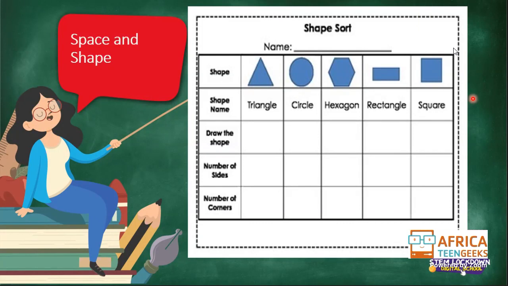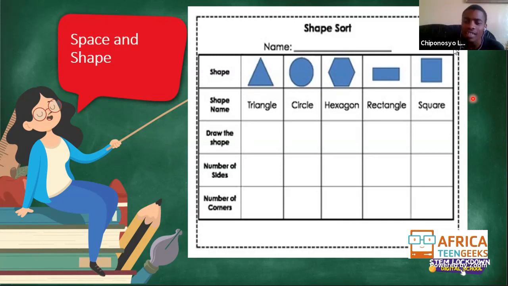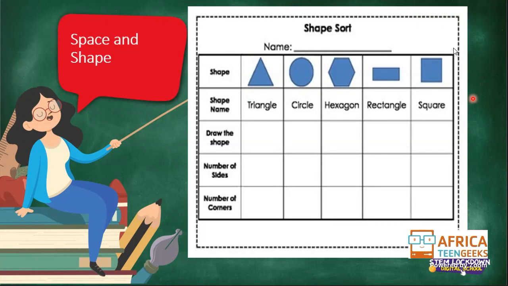Found someone. The rectangle has 4 sides and 4 corners. How many corners? 4.